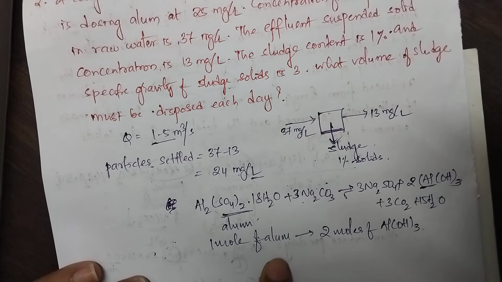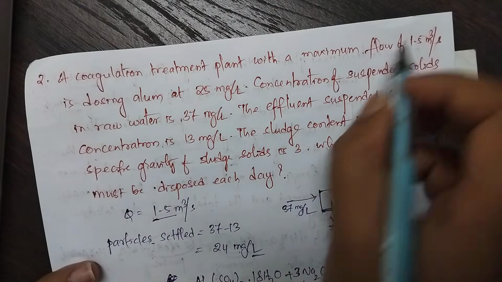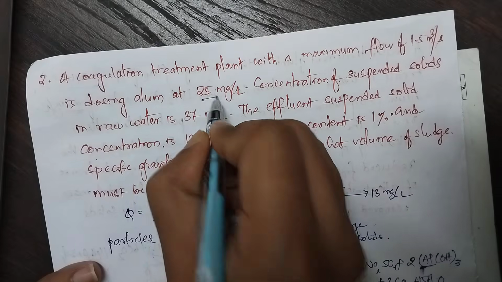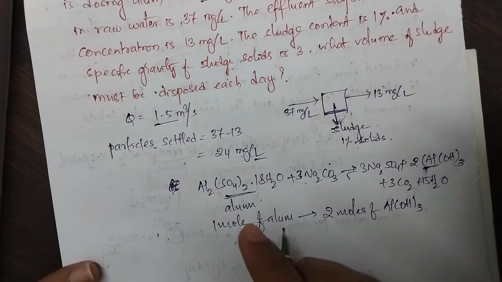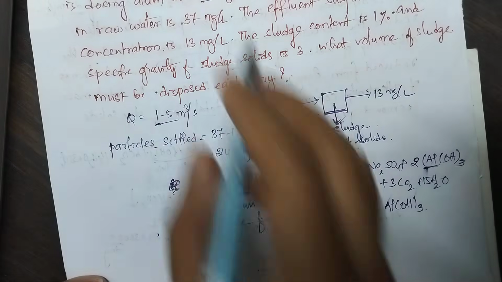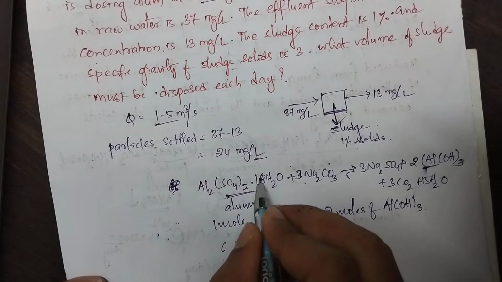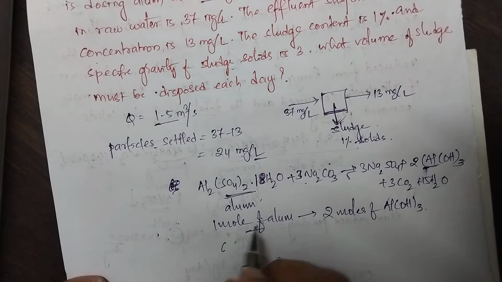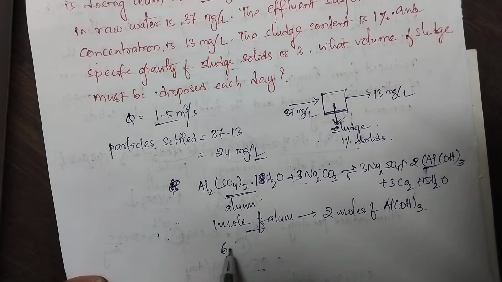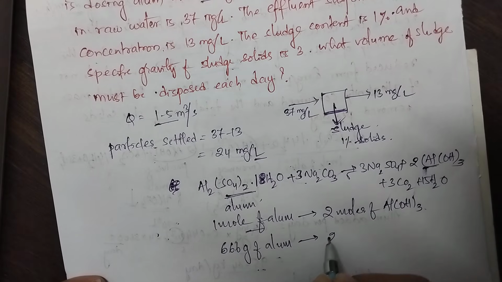Then how much alum is being added? In our case, the alum is being added at the rate of 25 milligram per liter. So if 1 mole of alum, here it is 18H2O, unlike 14H2O in the other case, the molecular mass is 666 grams. 666 grams of alum produces 2 moles of Al(OH)3, that is 2 into 78 grams.